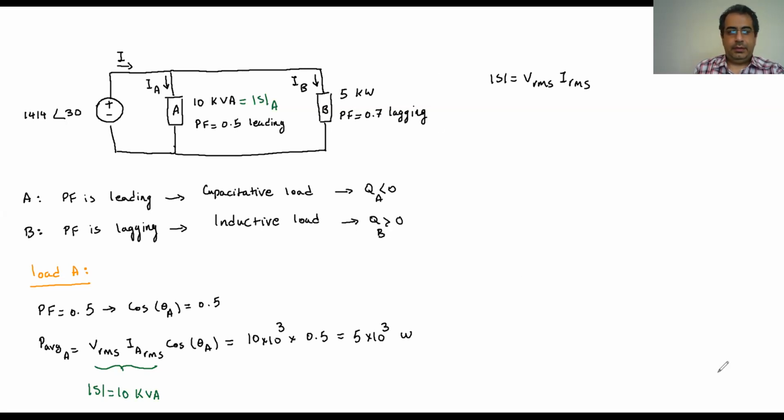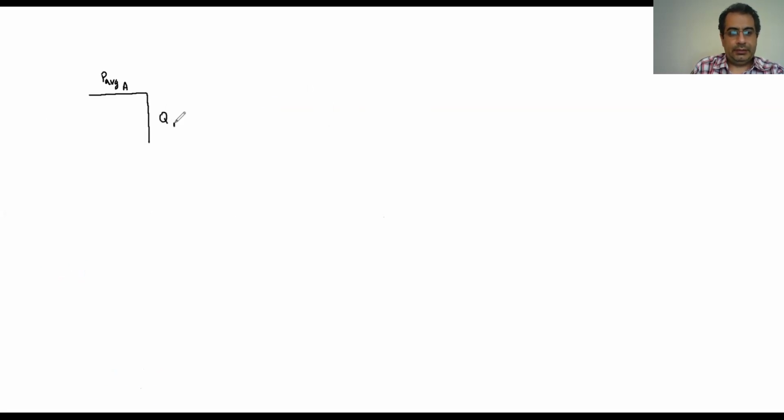So here I have the Q at A, and it's going to be negative. Then this is S at A, whose magnitude is 10, and this is theta at A. To calculate QA, we could use the previous method, but here I'm going to use this triangle.